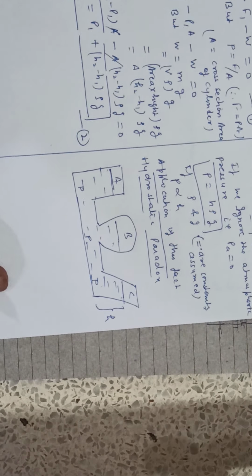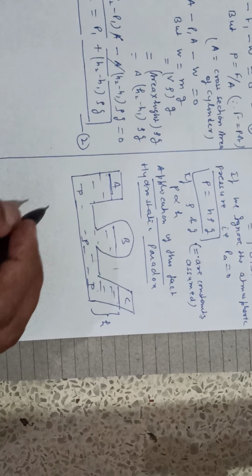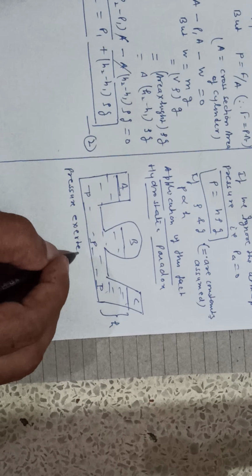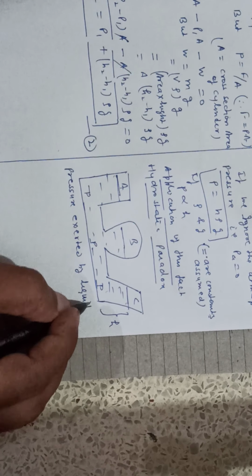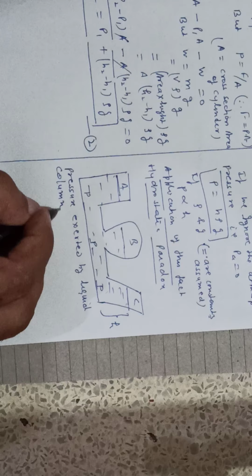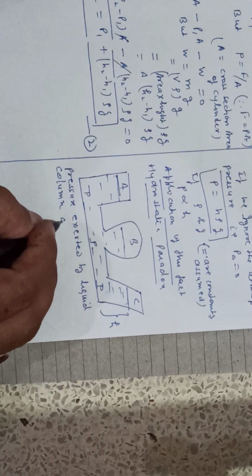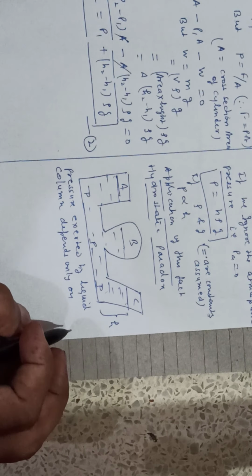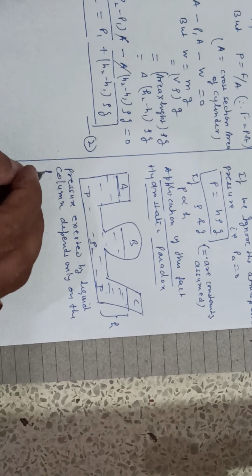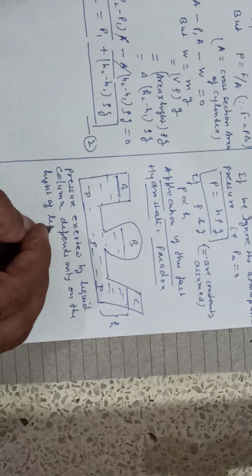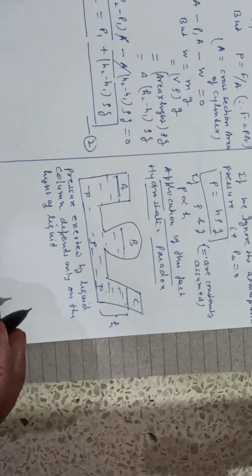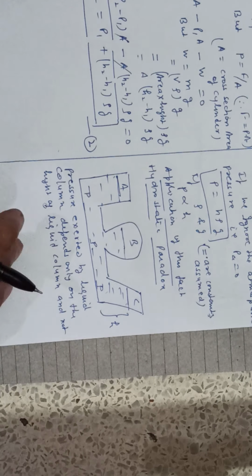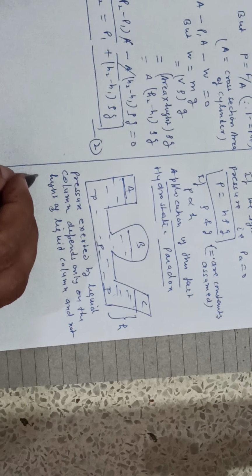So it means the pressure exerted by the liquid column depends only on the height of the liquid column and not on the shape of the container, not on the shape.